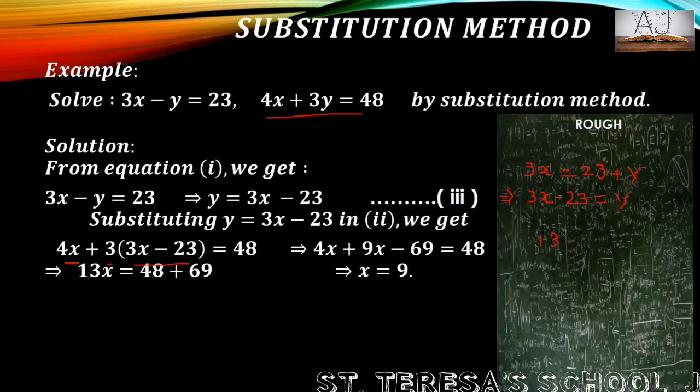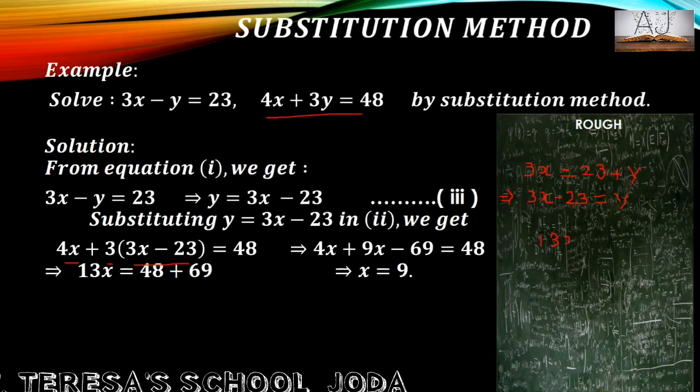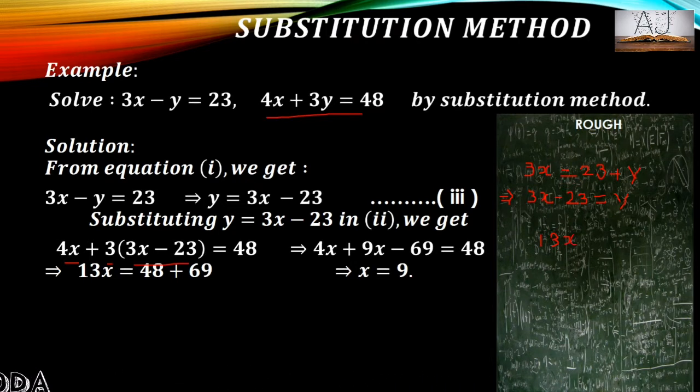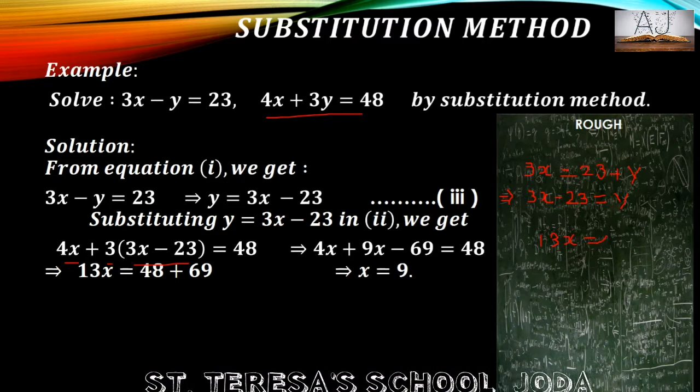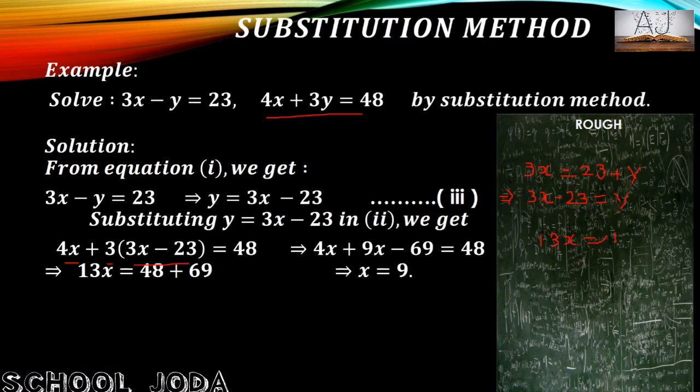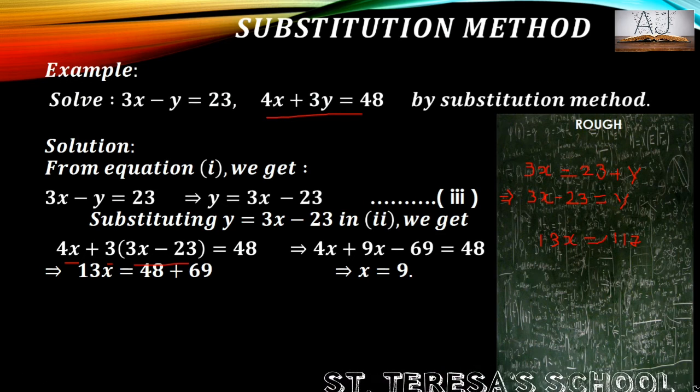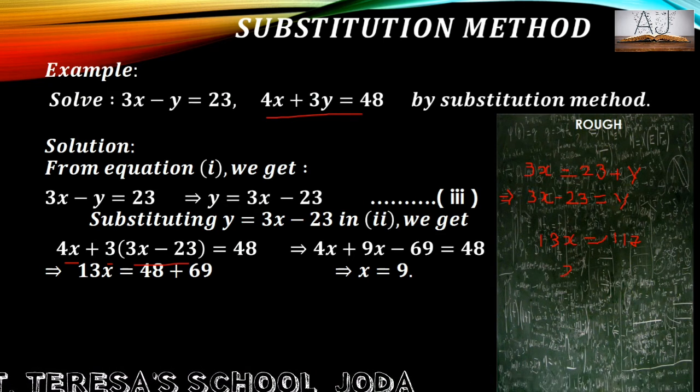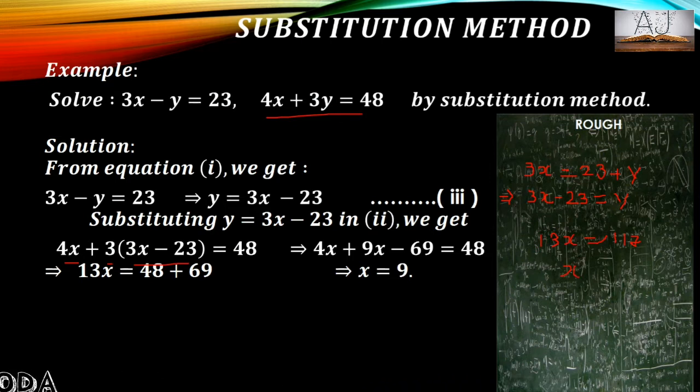How does it come? Let us see on the board. In the rough work you can see 13x is equal to 48 plus 69, means add them both. How much do you get? 48 plus 69 comes to 117. So 13x equal to 117. So x equal to what? Take 13 to the other side and divide.